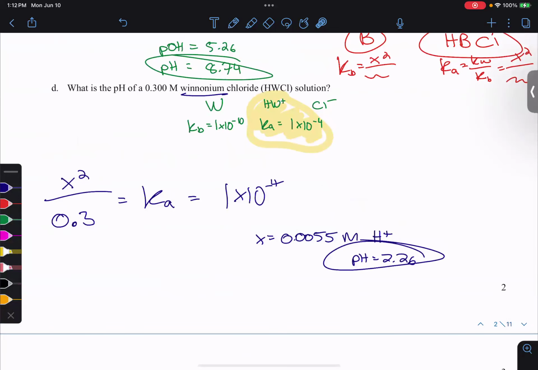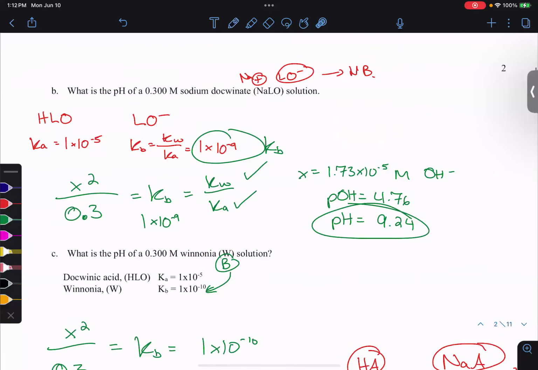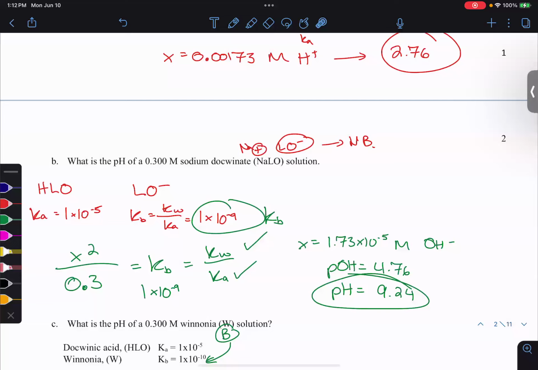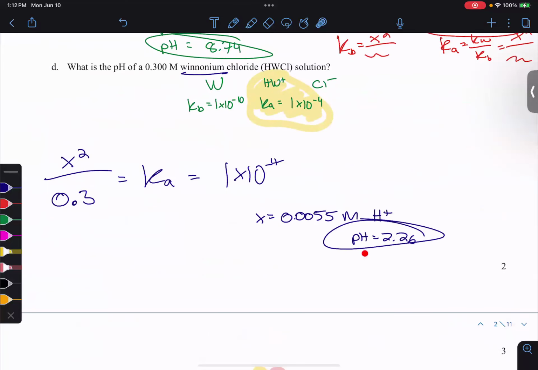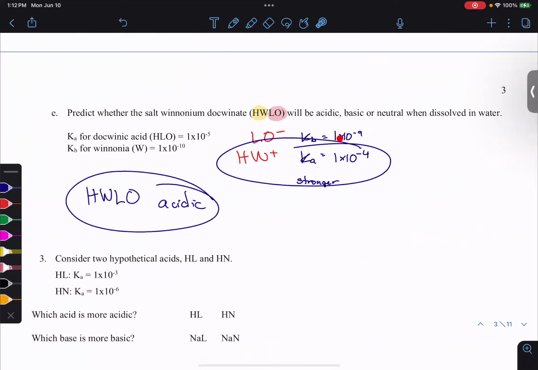Look, winonium chloride has a pH of 2.26. That's fairly acidic. If you look at the same concentration of sodium docwinate, the pH is 9.24. This 9 is much closer to 7. It's closer to pH neutral than the conjugate acid is. And since they're in equal concentrations, we can simply compare the Kas to the Kbs, but make sure you compare the right ones.